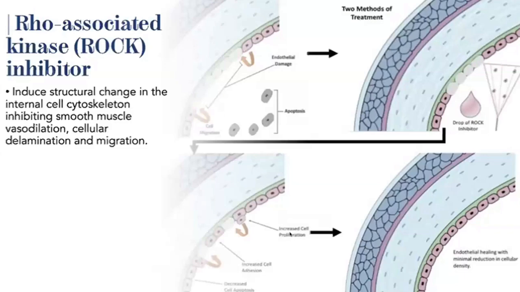What we're using right now is ripasudil at 0.4%, which is commercially available in Japan for the treatment of glaucoma. It causes increased cell proliferation and adhesion with a subsequent decrease of apoptosis, which in this case will increase the endothelial cell density.